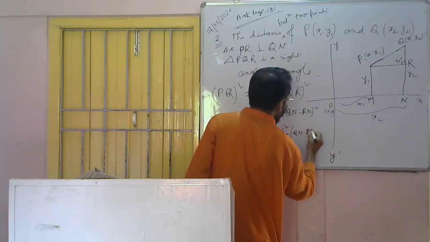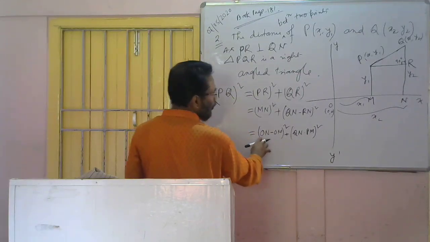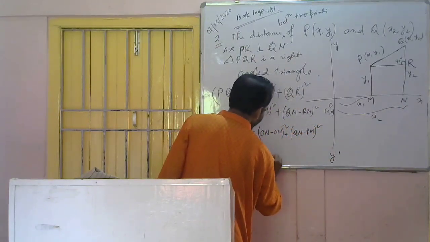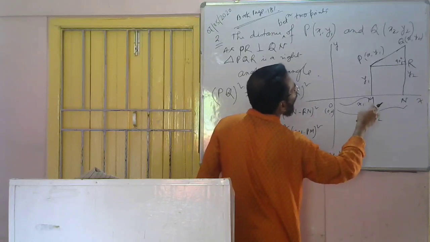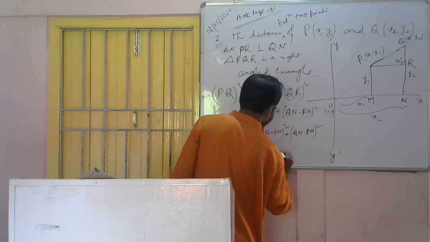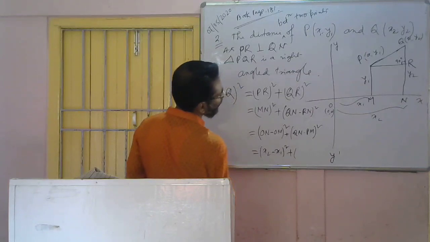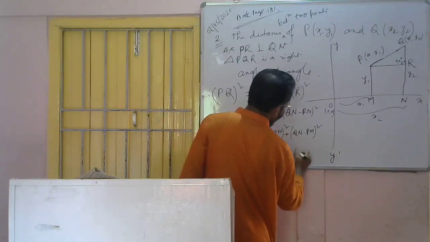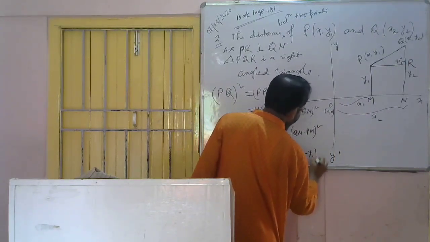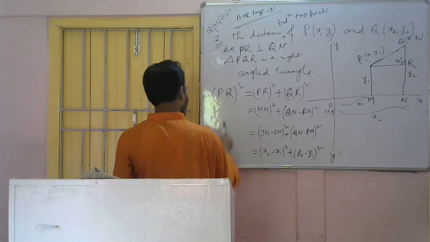So this is Pm square. On is x2, so x2 minus Om, which is x1, so x2 minus x1 whole square, and Qn is y2, and Pm is y1 square. So we are getting the distance between any two points P and Q.